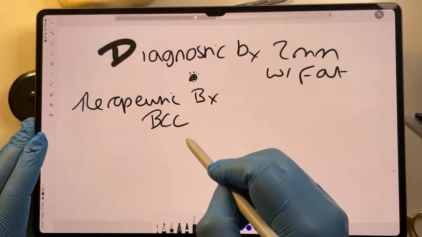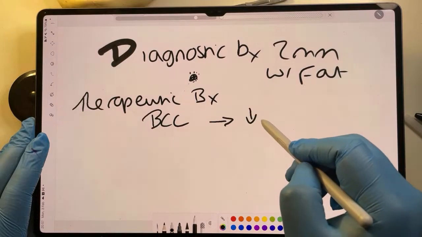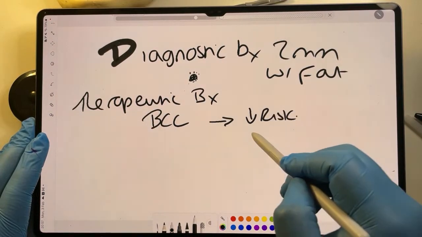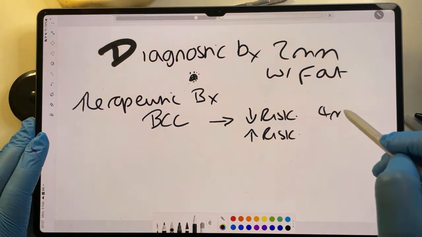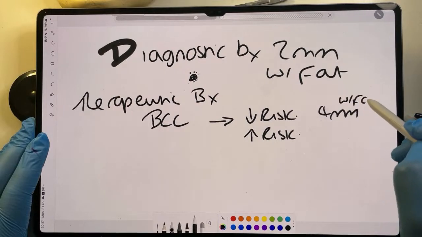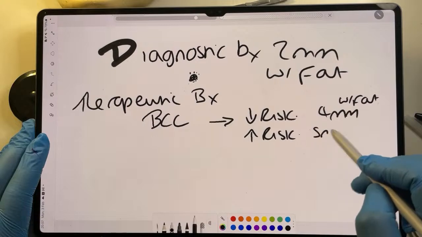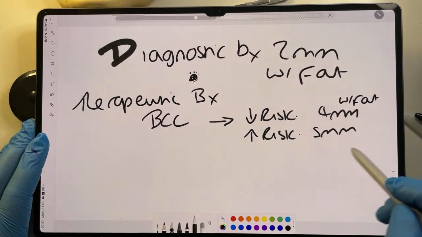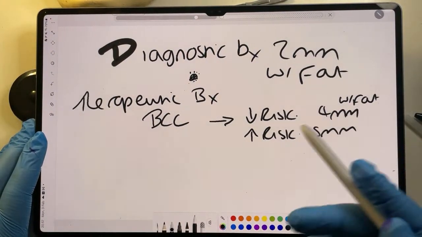BCC, which are either low risk or high risk. These are 4 millimeters with fat, just the cuff. High risk tend to be 5 millimeters to the next healthy plane. That could be take all the fat, go down to fascia, go down to periosteum, depending on where you are.